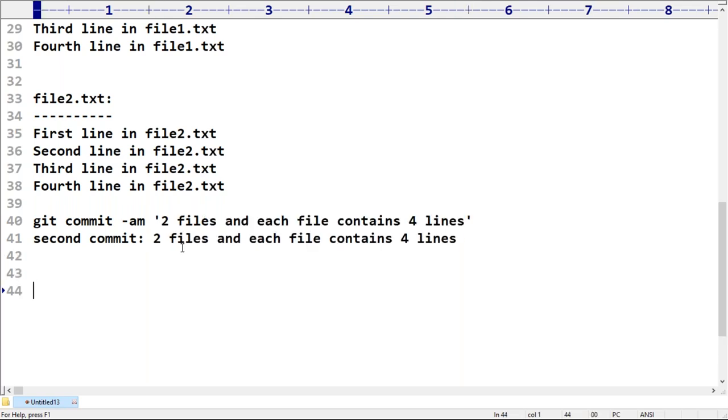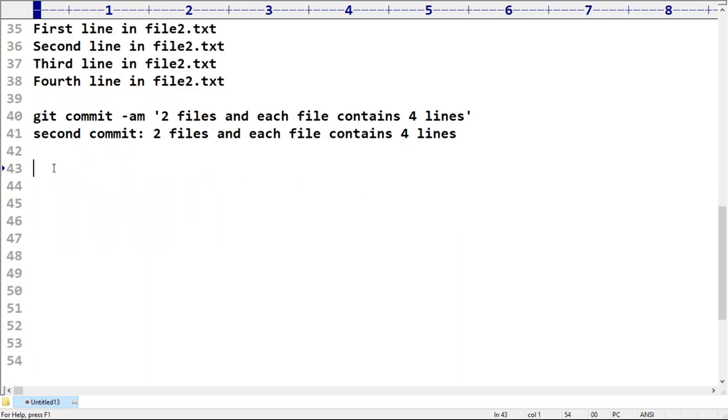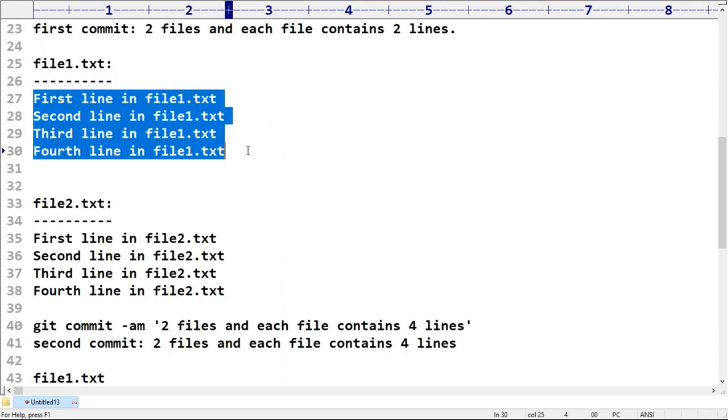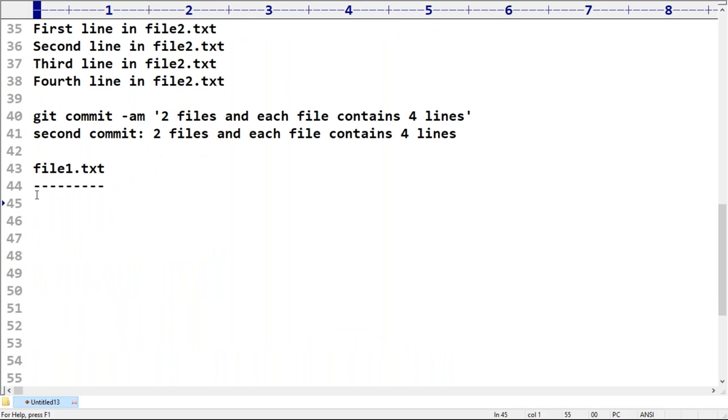Excellent. Now what I want to do is make some change to file1. Very important, listen carefully. We are almost at the end of the environment setup.